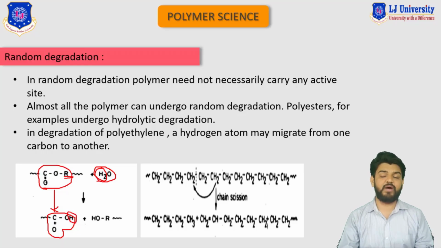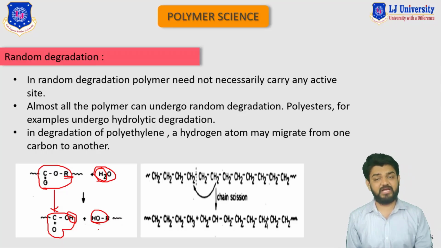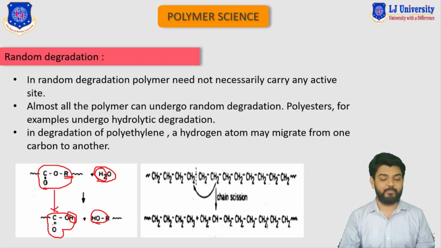So we now have carboxylic acid, and one mole of OH group will be liberated, right? This is the random degradation process. We have already seen that in random degradation practically no monomer is generated. You can see here that we have one long chain with carboxylic acid as the functional group and another product with the functional group hydroxy.